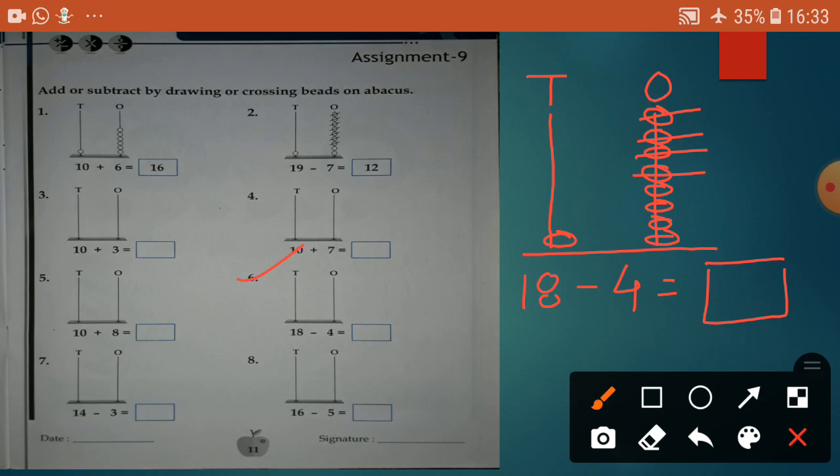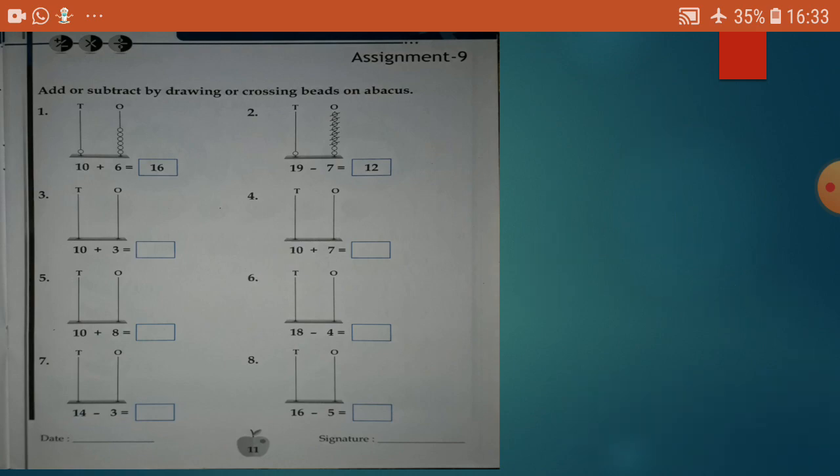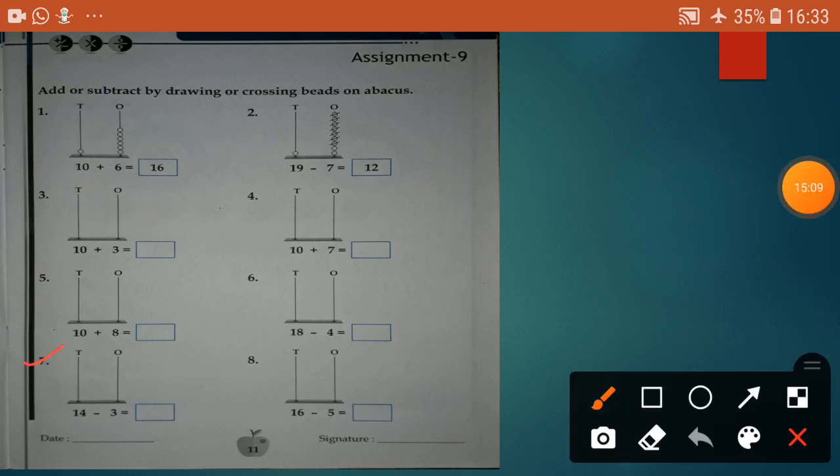Now left 1, 2, 3, 4, so your answer is 14. Next, number 7, tens and ones. Children, I hope everyone understood. So practice, okay?